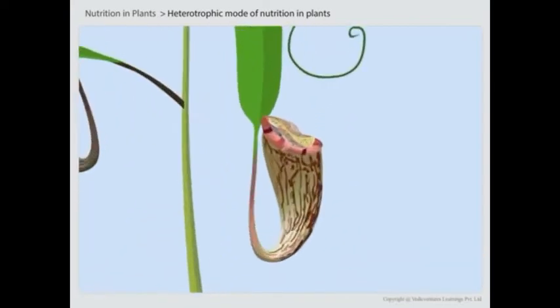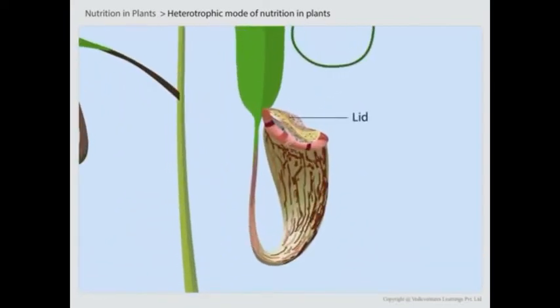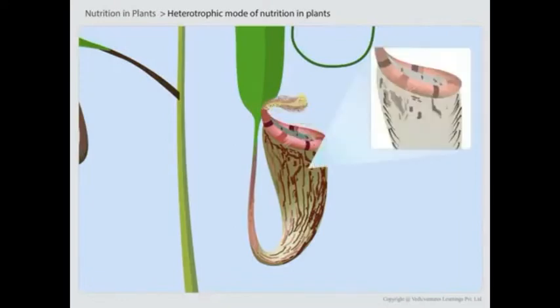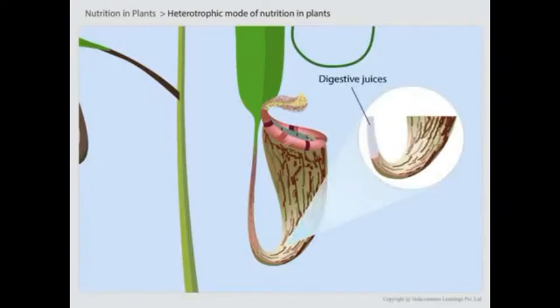The apex of the leaf forms a lid. It can open or close the mouth of the pitcher. Inside the pitcher, hairs are there which are directed downwards. And there are digestive juices secreted or produced by the pitcher.